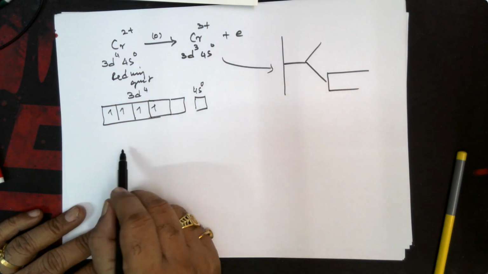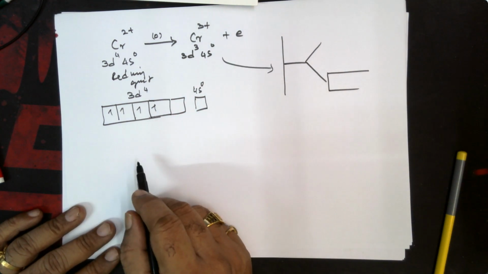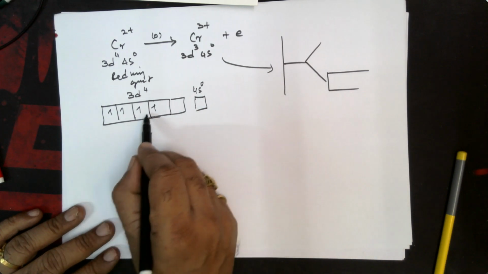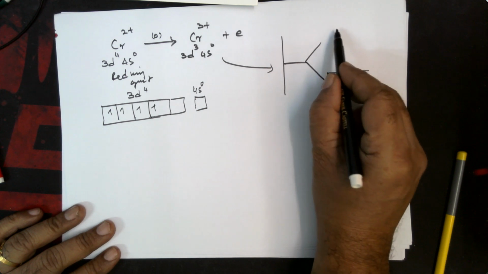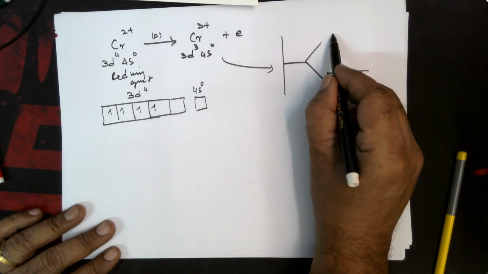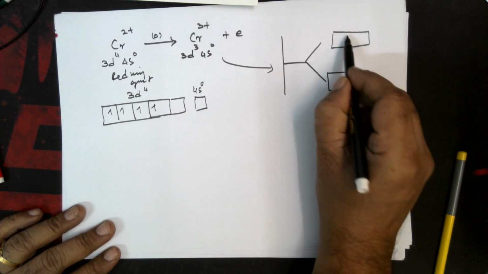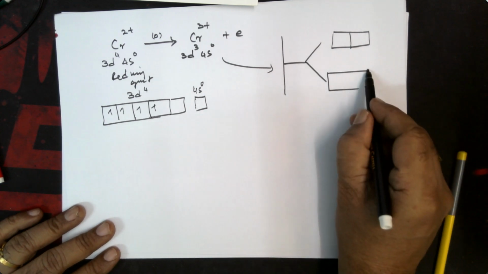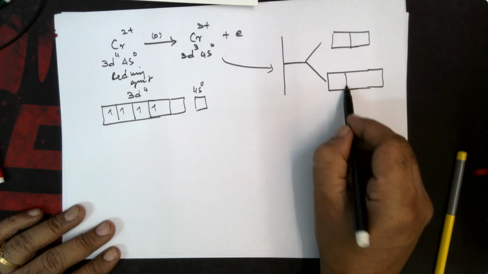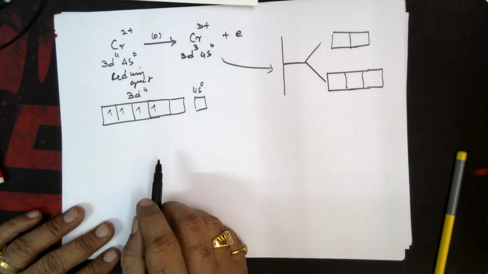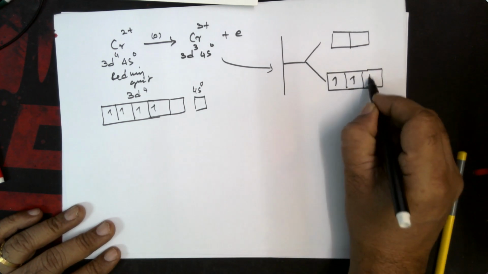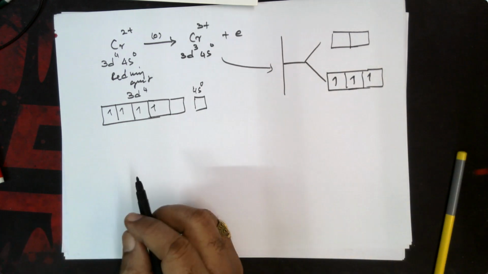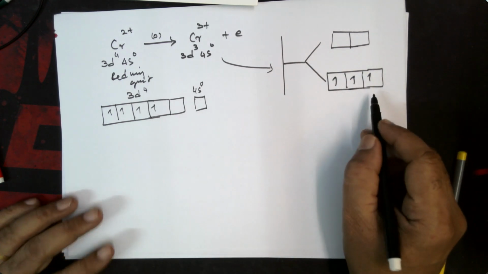But in this case, 1 electron has gone, and it adopts a splitting of the d orbital like this, and thereby it has 3 unpaired electrons.